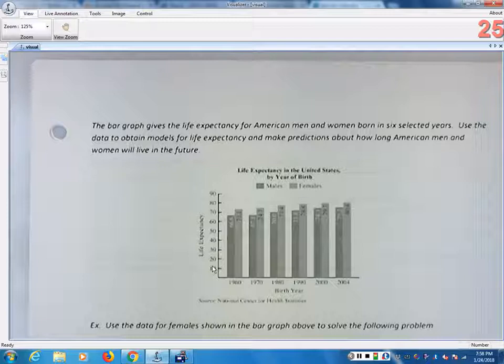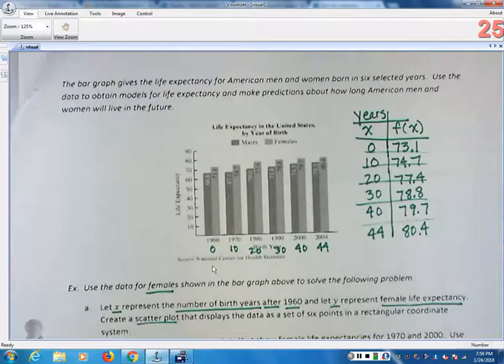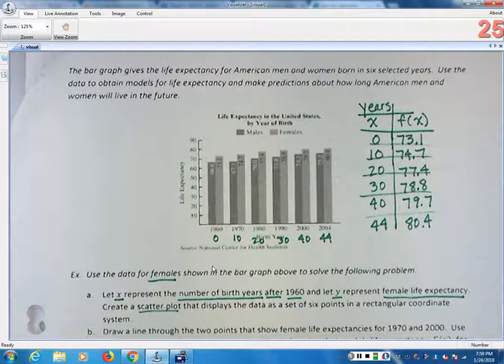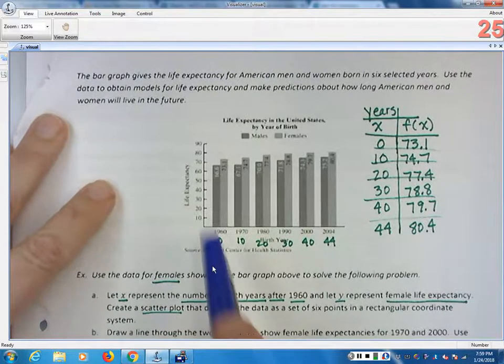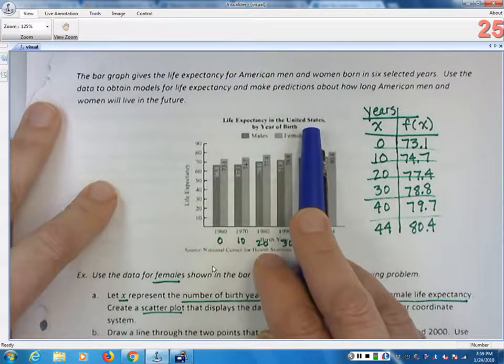And then section 1.5 is just 2 pages, but I'm kind of getting tired. So this is a problem where it's already worked out. Hey, how about that? They want the life expectancy of females.